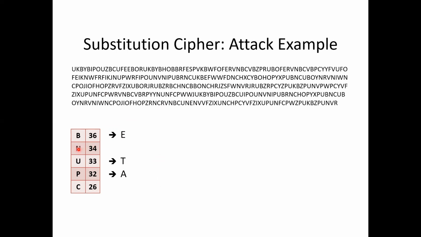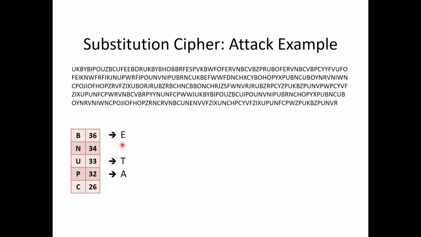Your natural guess would be that N is the next frequency letter and T is the next, but maybe that choice didn't correspond to a sensible decryption. So you vary, you search over this flexible search space, and make another guess. How about making this the next frequency letter, right?